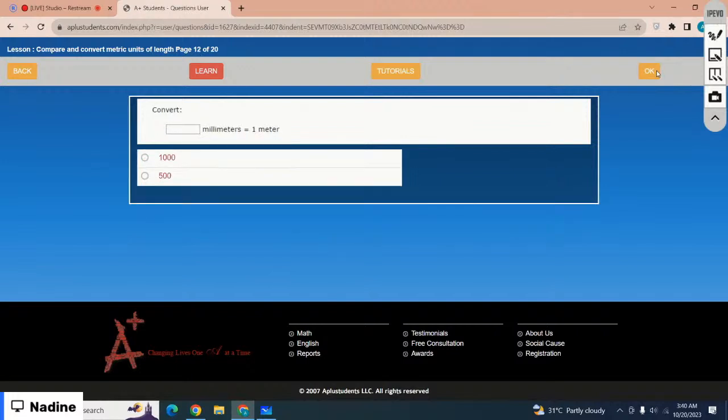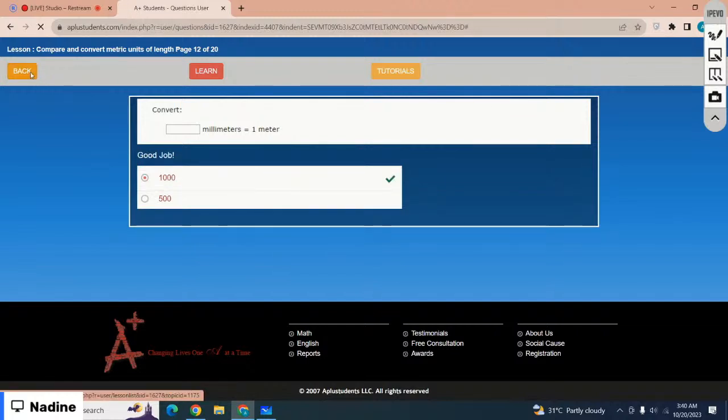And 1 meter equals how many millimeters? Yes, 1 meter equals 1000 millimeters, right?